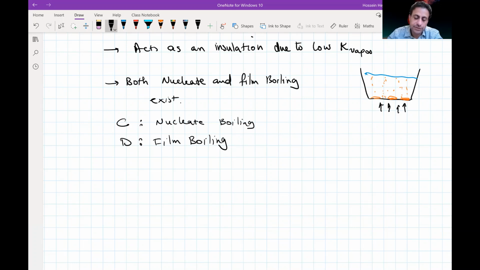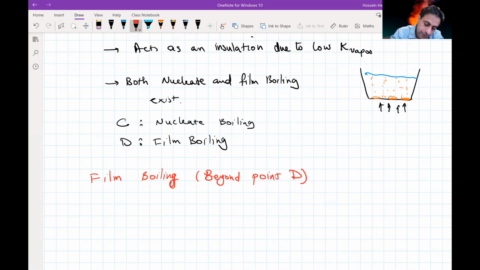Now, generally, we try to avoid operating in this transition regime. We have this unstable film boiling regime, and in practice, we don't operate there. Now, beyond point D is the place that we have film boiling.